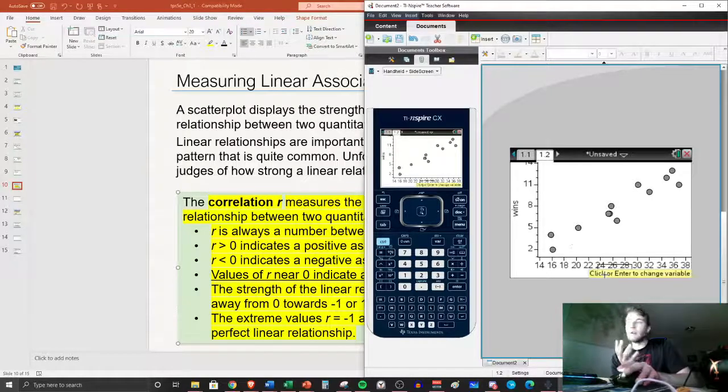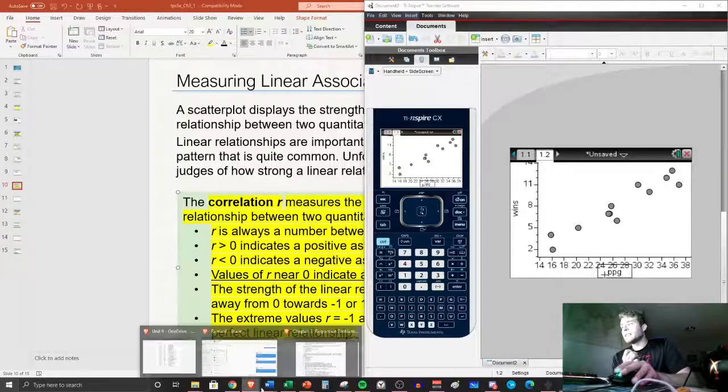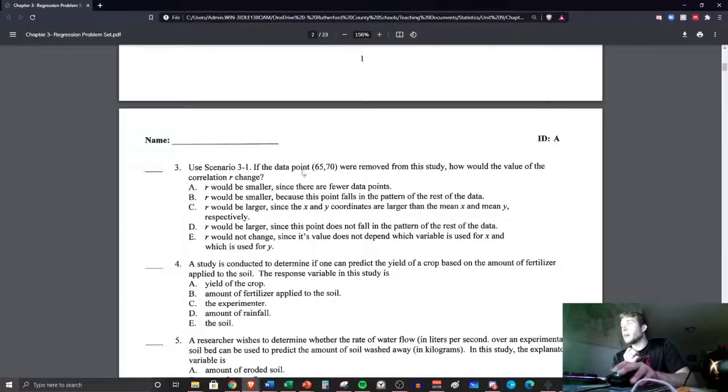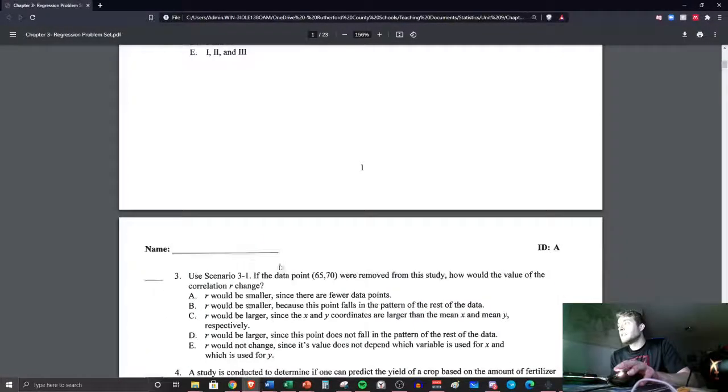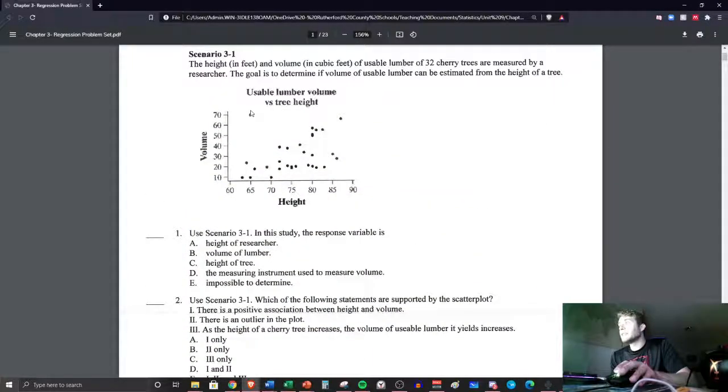We're going to end the video here. I'm at 31 minutes. Let's stop it here. Hopefully that makes sense. You've got some good questions to talk about that with. Like question number 3 here, if the data point 6570 were removed from the study, how would the value of R change? So now that we know what that is, 6570, look at that. So this point's way up here.